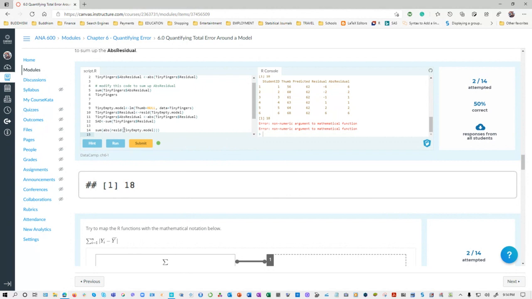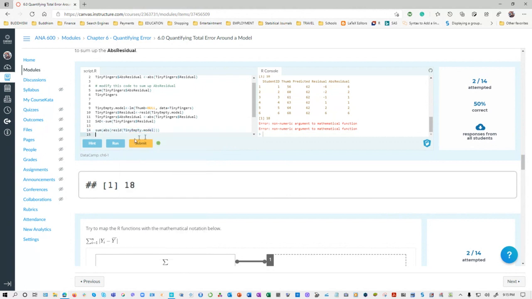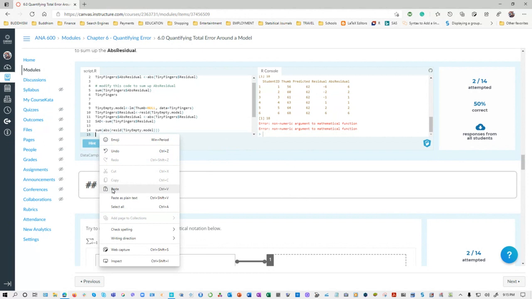It's right here. This one doesn't take, but when I ran that one, it ran. I will see that it's not wrong.